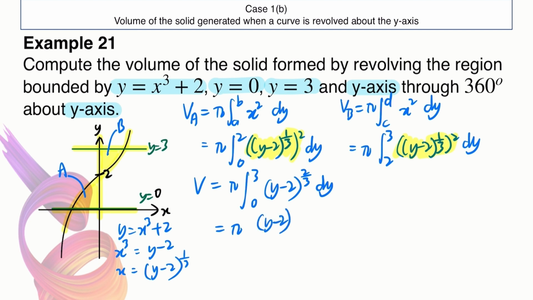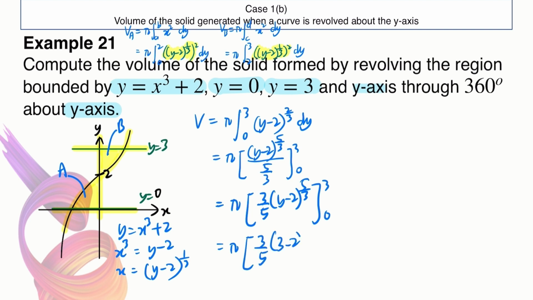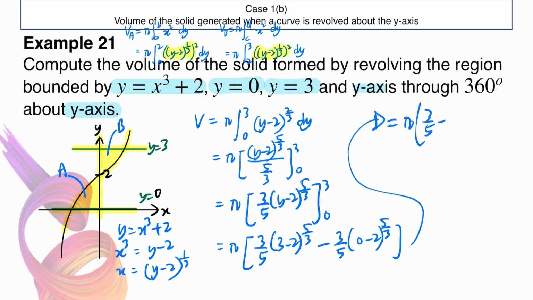So we now have y minus 2 and then plus 1, we will get the power 5 over 3 over 5 over 3, and we are going to substitute 3 and 0. And you will get 2.505 pi unit cube.